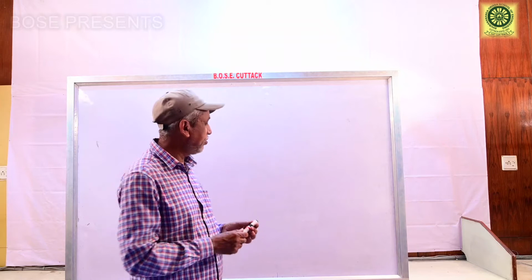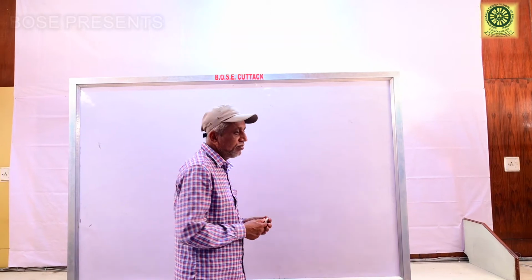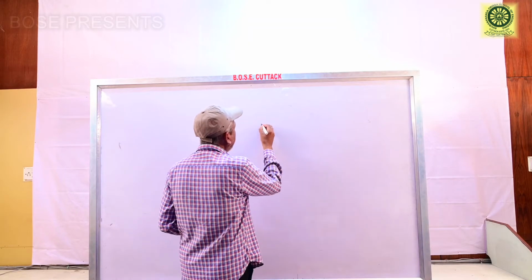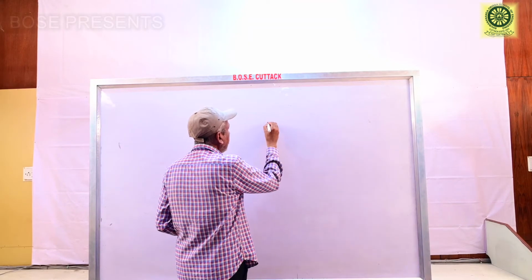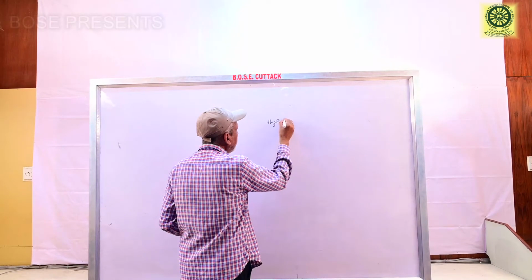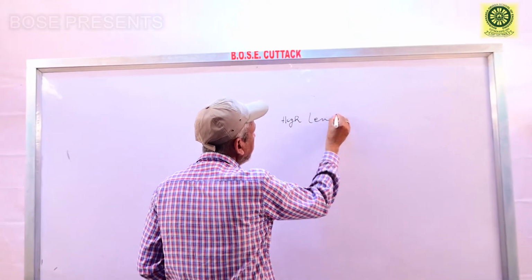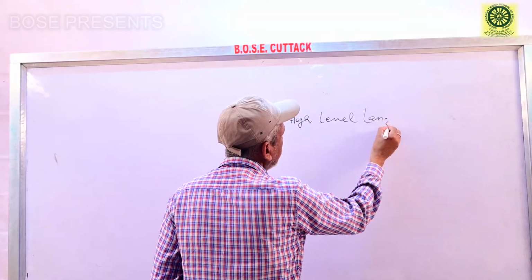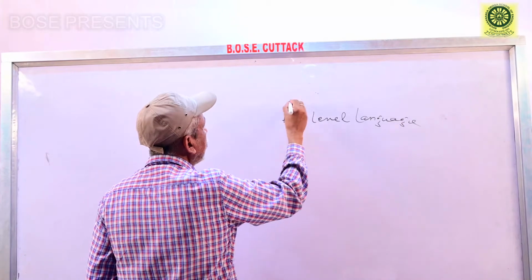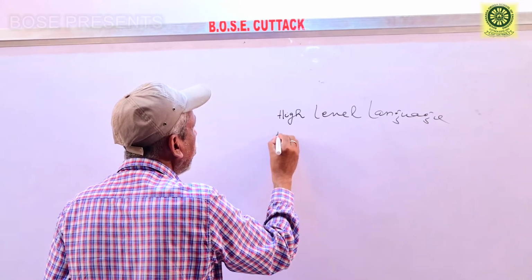Before going to this, first, the generation of language. Basically, there are two types of language. One is high level language, another is low level language.